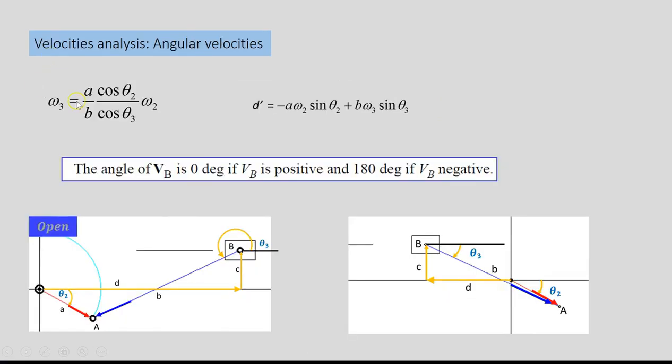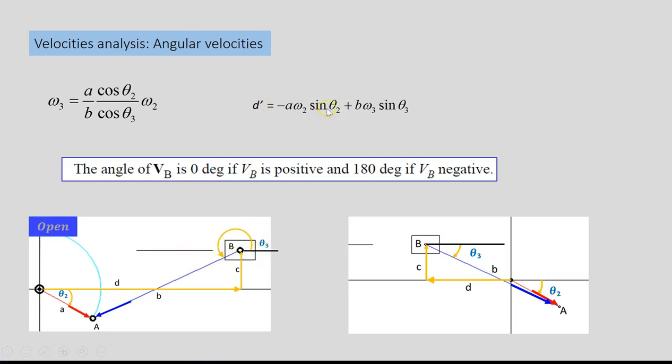To identify the angular velocity of coupler, for crank slider equation is given to you. You just put the value of respective length and angle, and you'll find angular velocity. For d prime, which represents the slider velocity, now you can understand that slider is a pure translational motion movement.